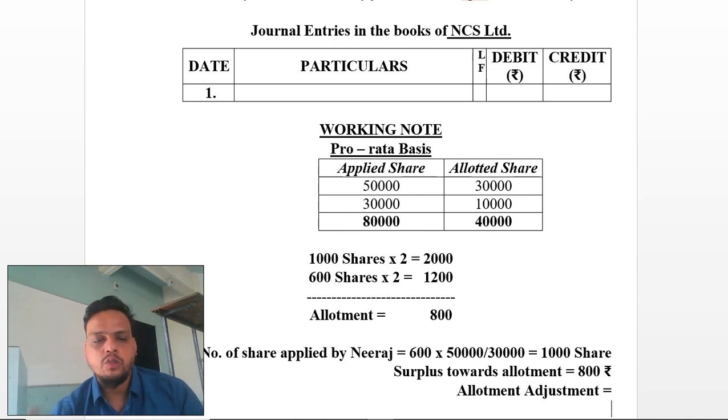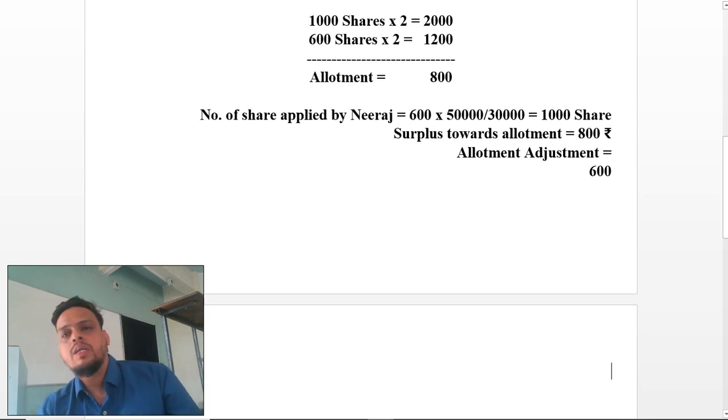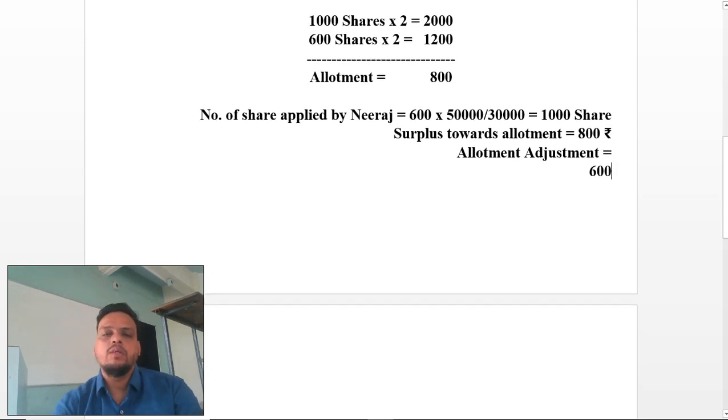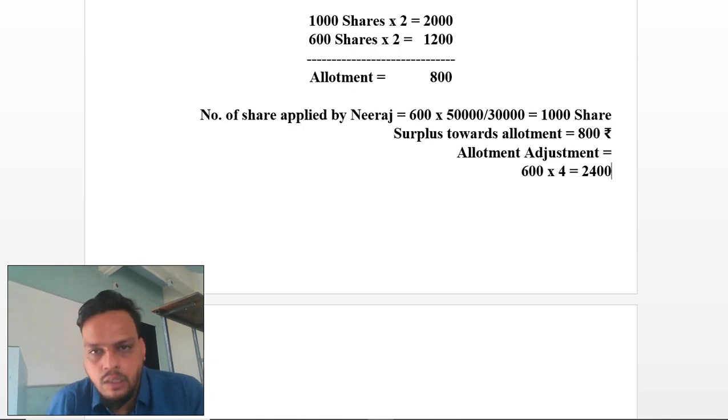So first we will calculate 600, because we need to know the exact figure, how much we have to be paid as a left amount. First of all, on allotment we have to pay 4 rupees each, so we are having 2400 rupees for Neeraj.